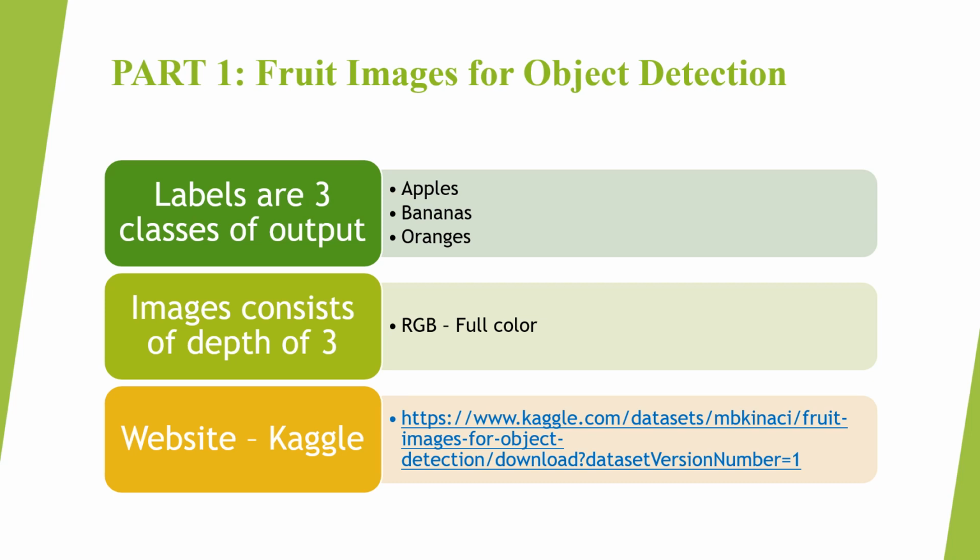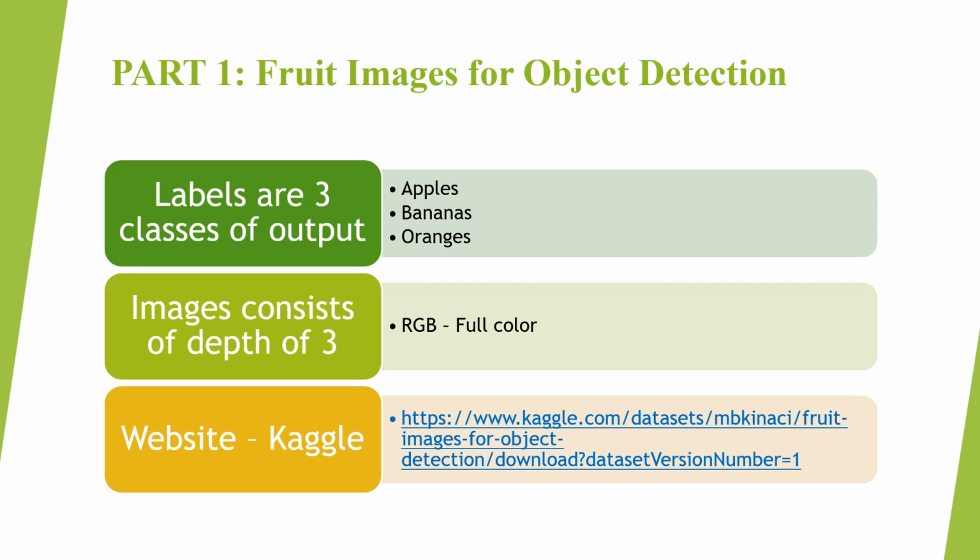The data file itself had 3 classes of outputs for the labels. There were apples, bananas, and oranges. The images were color, which means that it had a depth of 3, and it had full color with RGB.